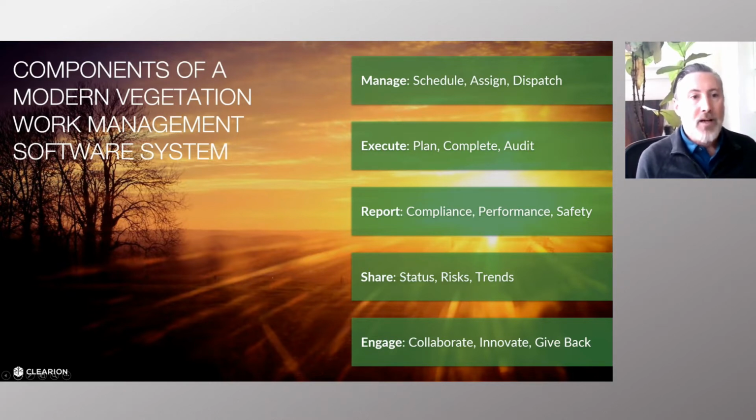And then finally, something I want to touch on that's been very exciting and much more recent is how utility vegetation management organizations can engage in the community to build collaboration opportunities, to look for ways to innovate and ways to give back to the communities in which they operate.